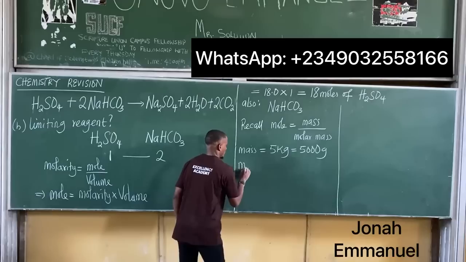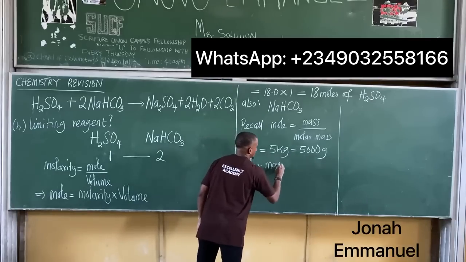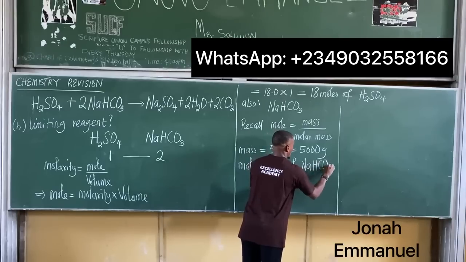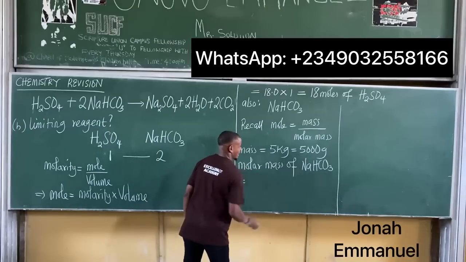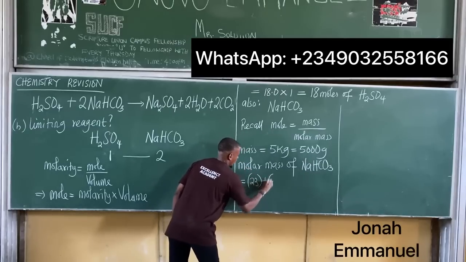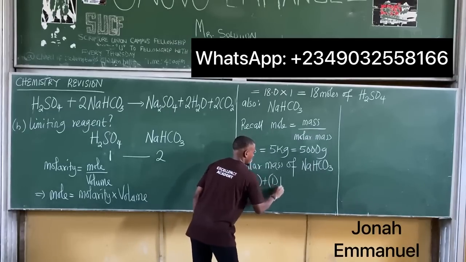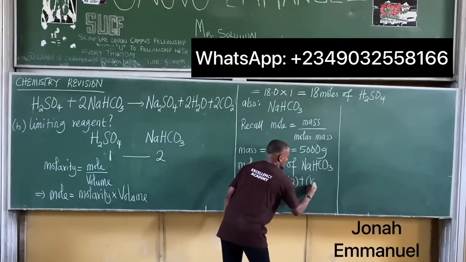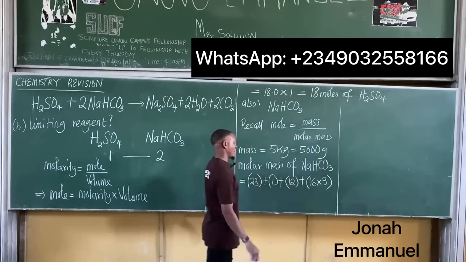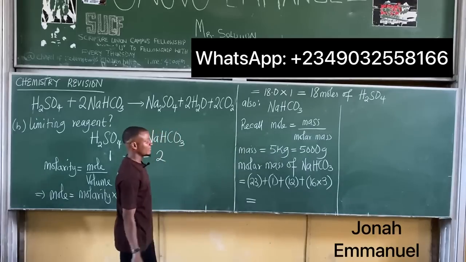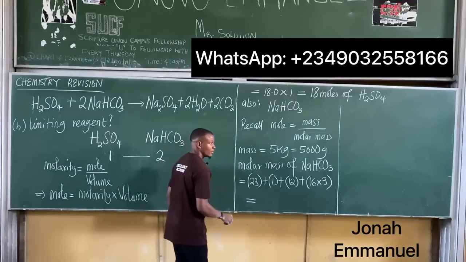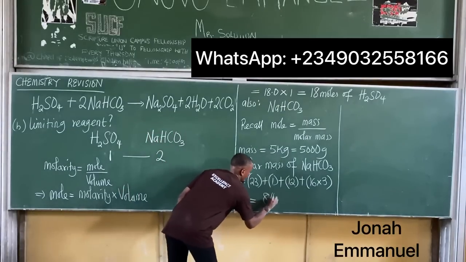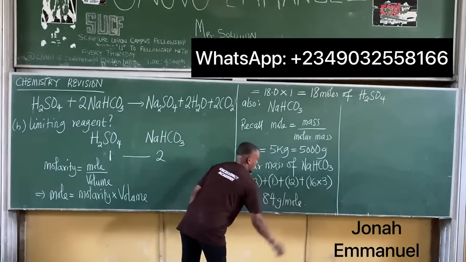Let's do molar mass. Molar mass of NaHCO3. For sodium, what's the atomic mass? 23. Plus for hydrogen 1, plus for carbon 12, plus for oxygen 16 times how many atoms there? 3. So I have this. Please sum this up and give me the final answer. 84. That's 84 grams per mole.